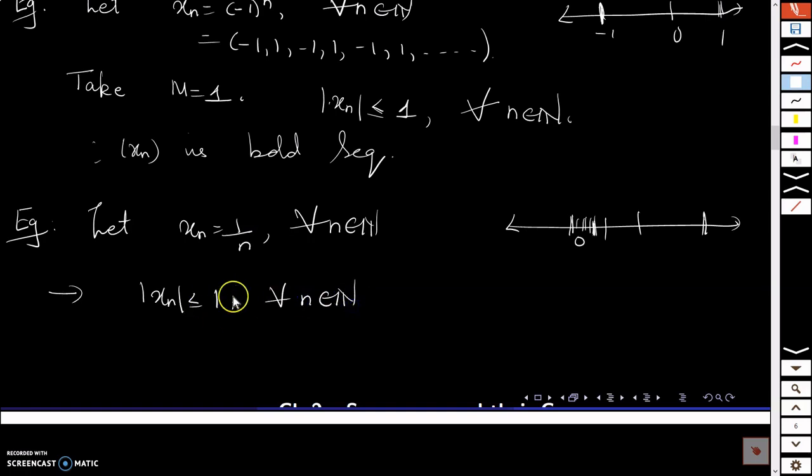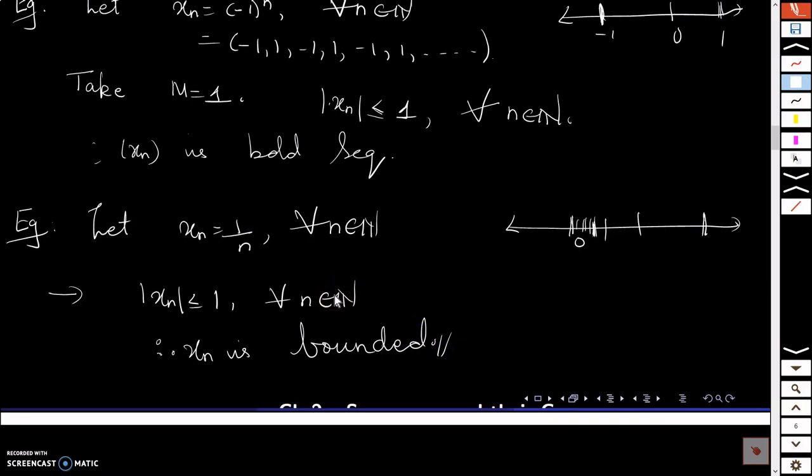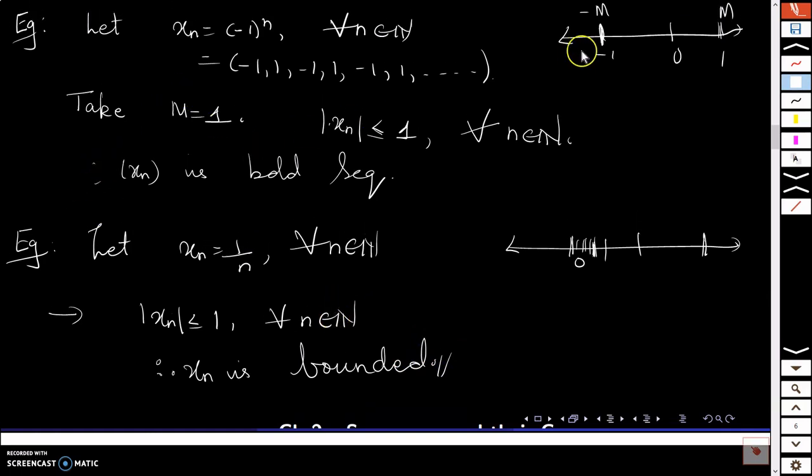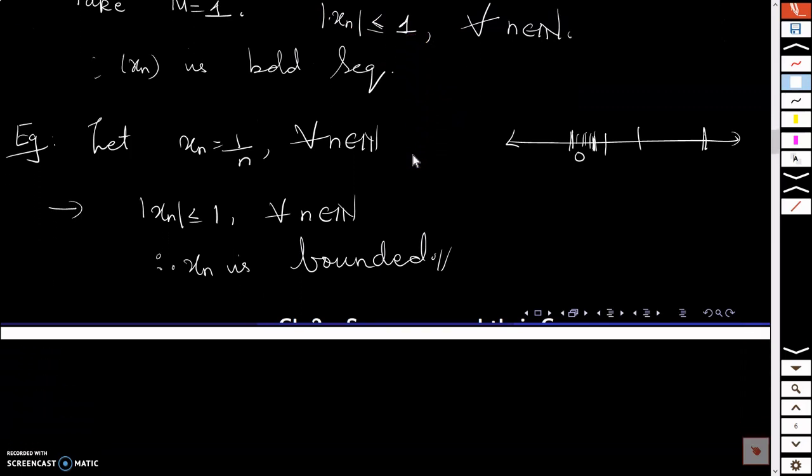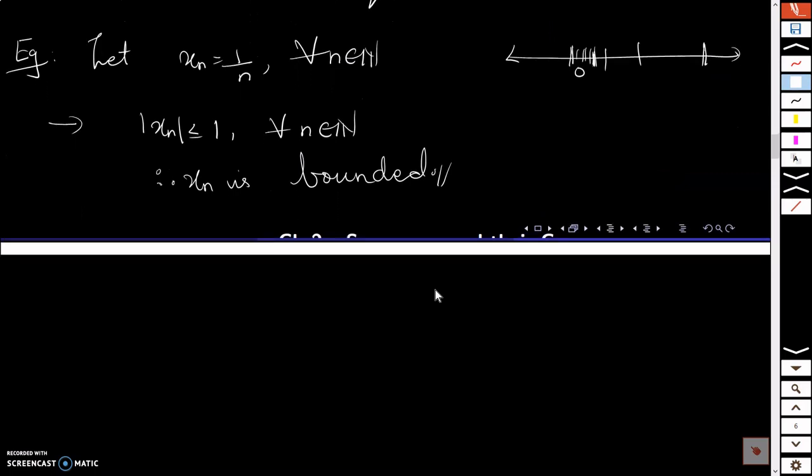We have found a positive real number m, that's 1, and therefore this sequence xn is also bounded. Now instead of picking m equal to 1 in both the cases, you can pick anything greater than 1. Even 5 will work, even 10 will work, even 1.5 is going to work, because all the terms of the sequence will be less than or equal to that number. So instead of picking 1, you can pick any m that you like.